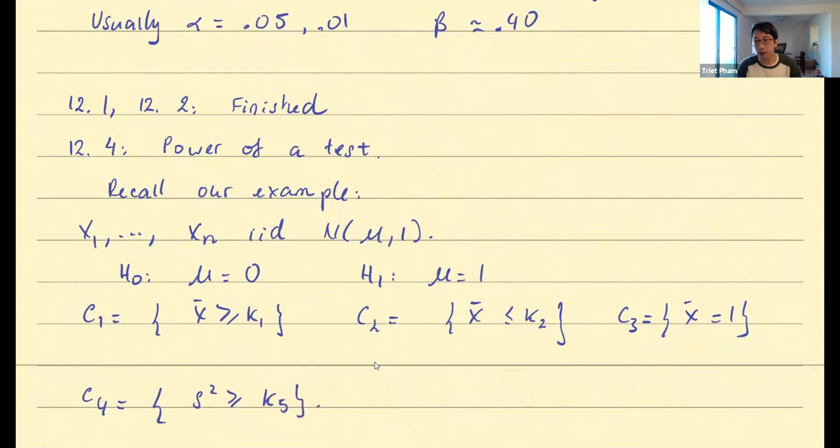Keep in mind that these are only 5 examples we can come up with. In theory, you can come up with as many rejection regions as you want. It really is up to your imagination: you can come up with some statistic, and then you reject or accept according to that statistic.